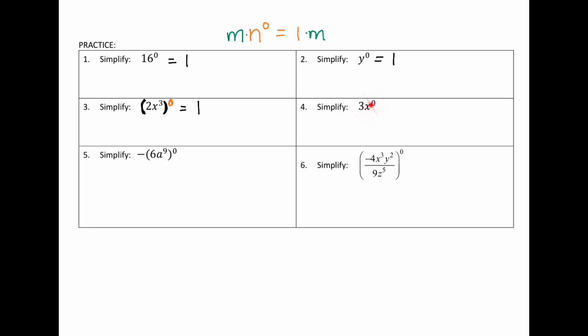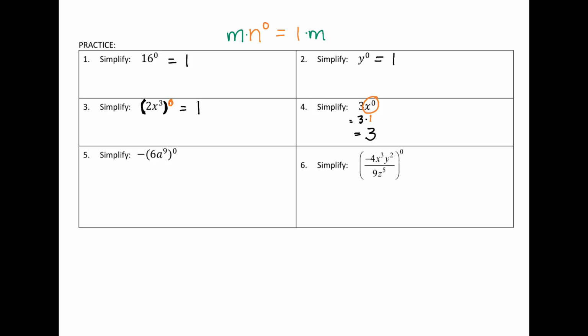Okay, over here. 3 times x to the 0. The x is to the 0 power, so this is equal to 1, but the 3 stays. So this is 3. Okay, let me do another one of those.